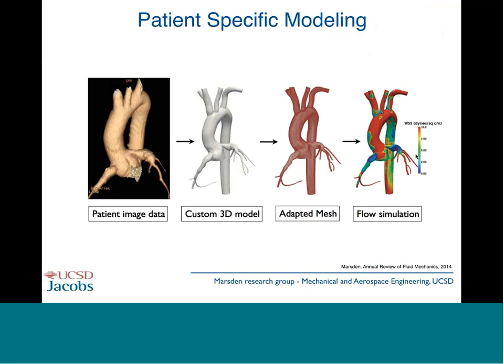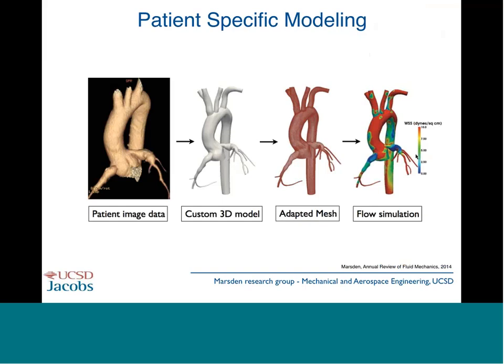So what I'm going to talk about today involves patient-specific modeling, and this is a process where we take a set of patient image data. We typically work with CT data or MRI data, and we build custom three-dimensional models from that image data through image segmentation.